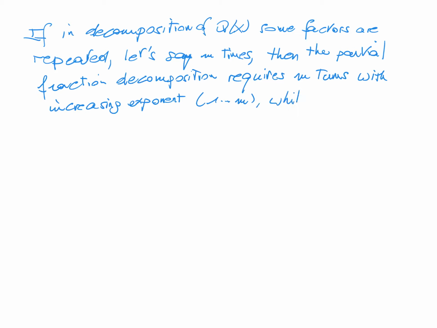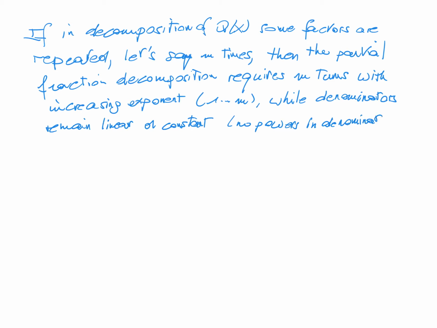And this while the denominators remain linear or constant. So in this case we have no powers in the denominators. So for example, if I have a fraction which looks like this, (ax plus b) squared times (cx squared minus d) to the power 2.